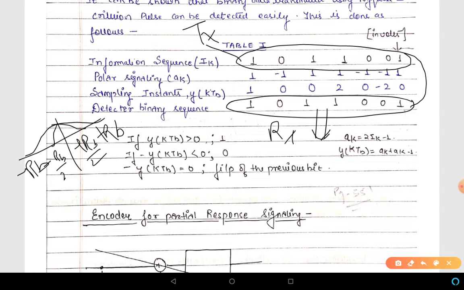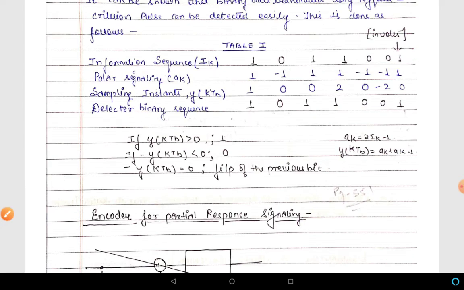And this particular signaling is called controlled ISI, as expected, because intentionally we are introducing interference, that too in a controlled way. This is also called partial response signaling, and this is also called Nyquist second criteria of 0 ISI.